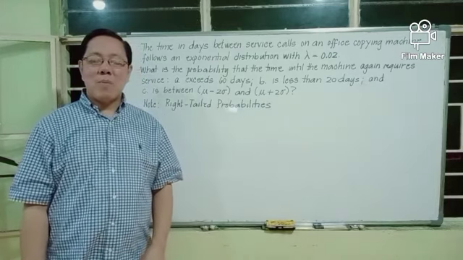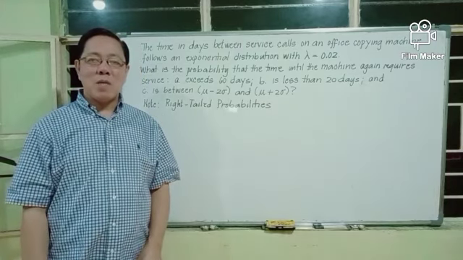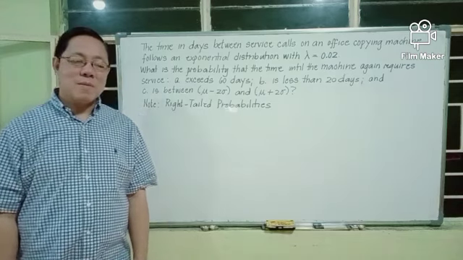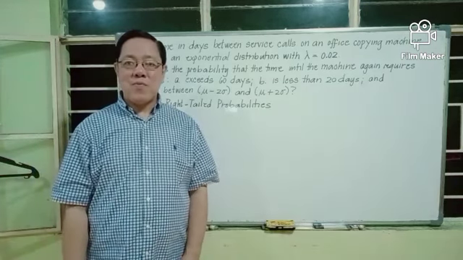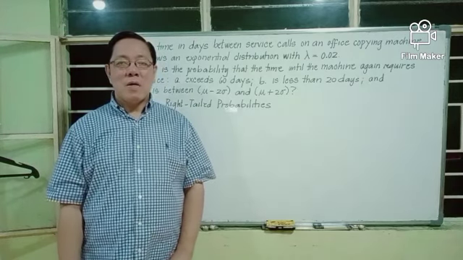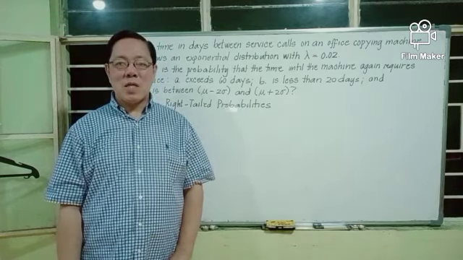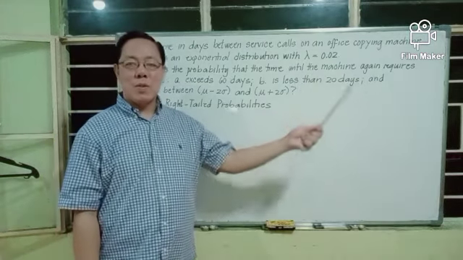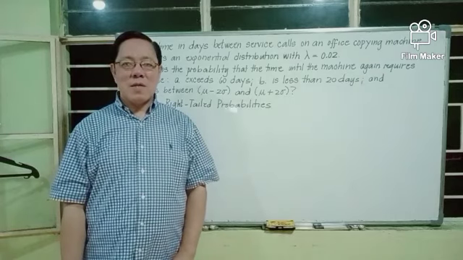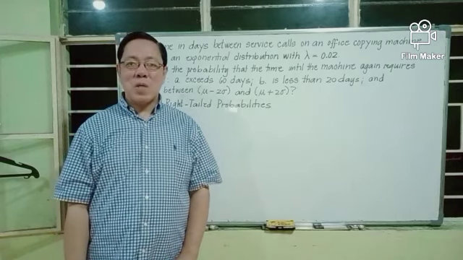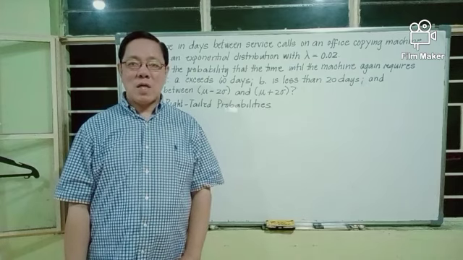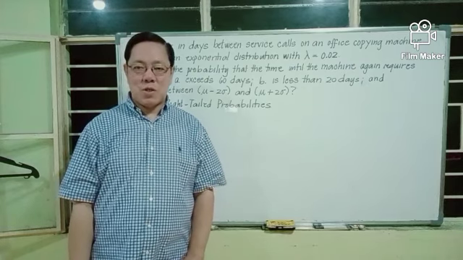In this problem, there is a copying machine in an office, and the rate of service calls for the copying machine is 0.02 per day. And the time between the service calls follows an exponential probability distribution.